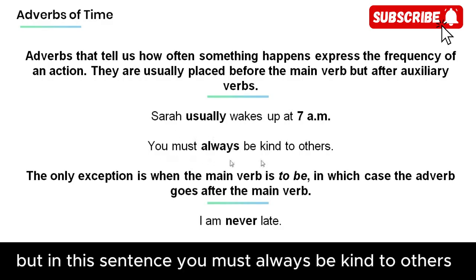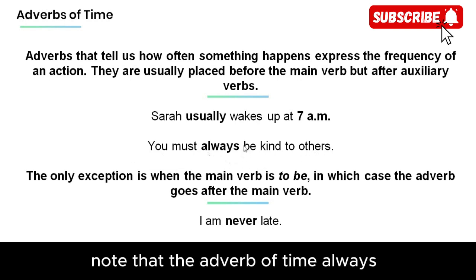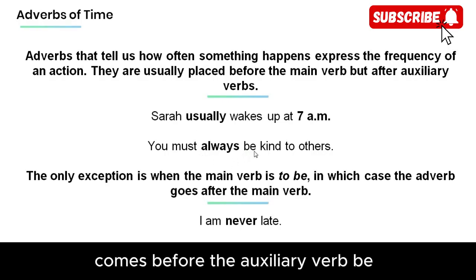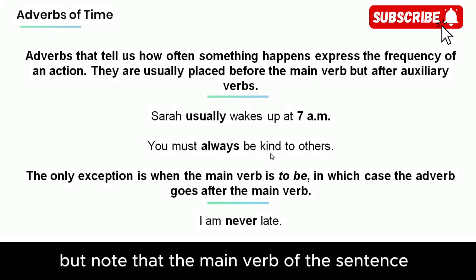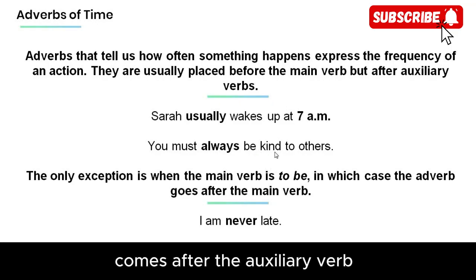But in this sentence, you must always be kind to others. Note that the adverb of time always comes before the auxiliary verb, be. But note that the main verb of the sentence comes after the auxiliary verb.